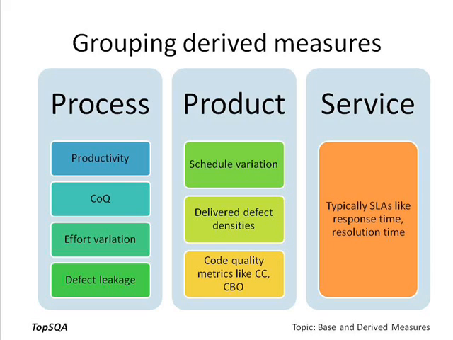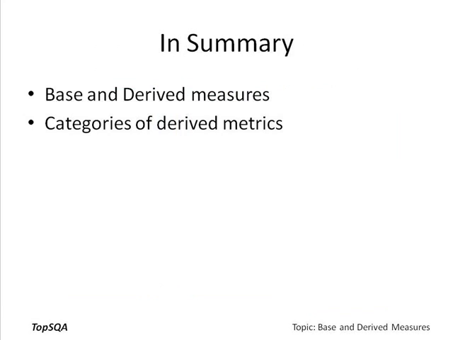So I hope by now you would have got some sense of what a base measure is and what a derived measure is in a software project, and also a sense of how we should look at the health of a software project. We just need to look at the various groups of metrics like cost, quality, and time, and then try to ensure that a project is performing well in all these three categories.